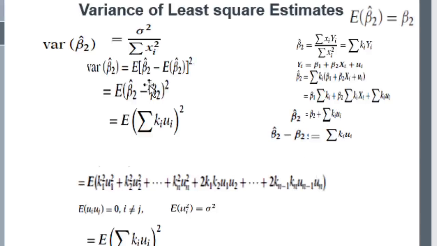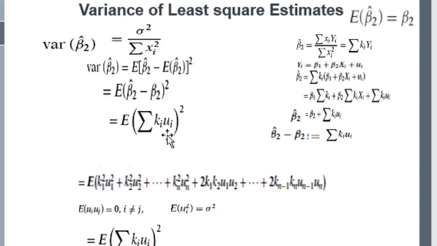Then replace this beta 2 cap minus beta 2 by this equation. Then we can rewrite this as expected value of sigma ki ui the whole square.